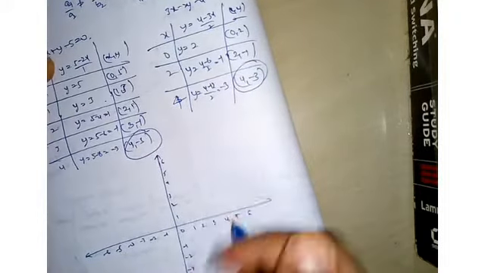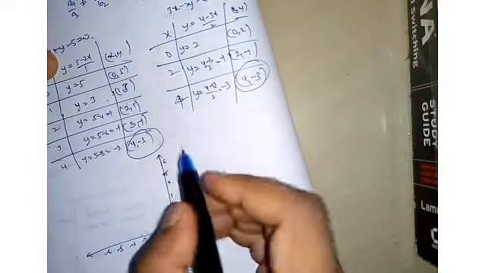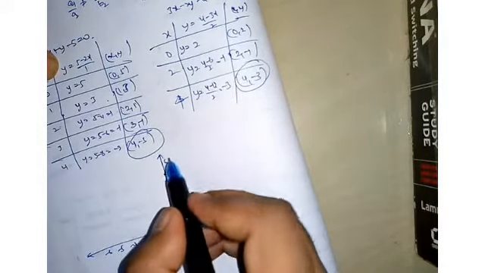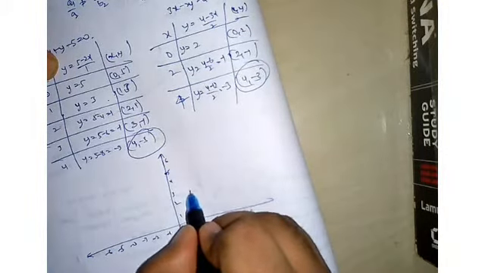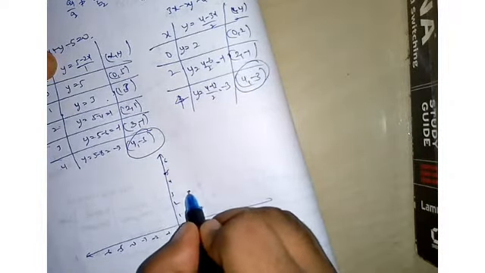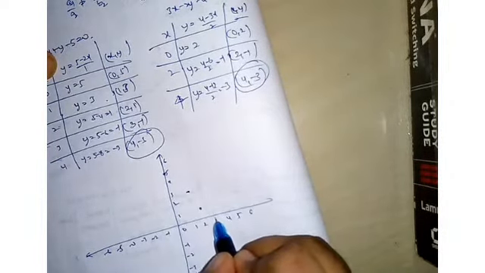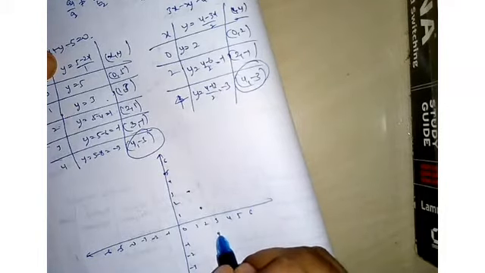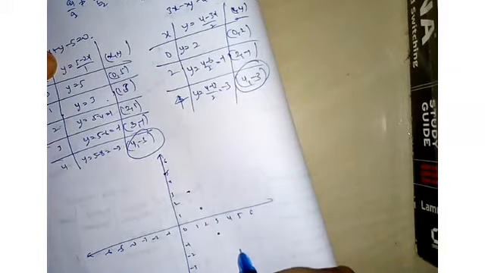So if you plot the first one, 0 comma 5 will be here. 1 comma 3 will be here. 2 comma 1 here. 3 comma minus 1 here. 4 comma minus 3 here.